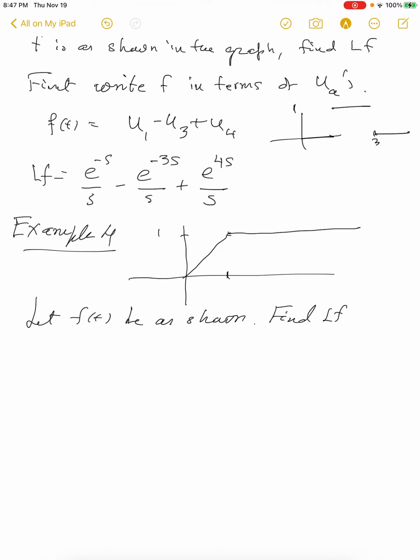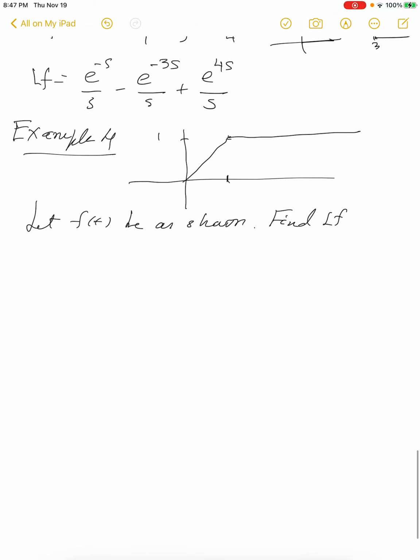Find the Laplace transform of f. So now first thing is you will have to find the equation for this line. The equation for this line is very easy. Let me call the x variable t, then this line is y of t, y equals t, isn't it? This is the angle bisector, so this is the line y equals t.